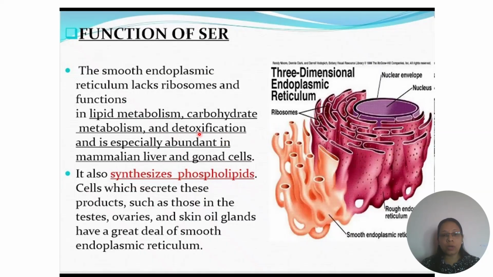Detoxification means what, students? Removal of harmful substances, toxins, especially in liver cells, mammalian liver cells. This is the function of SER. It also synthesizes phospholipids which are used in the membrane system. So this is about endoplasmic reticulum.